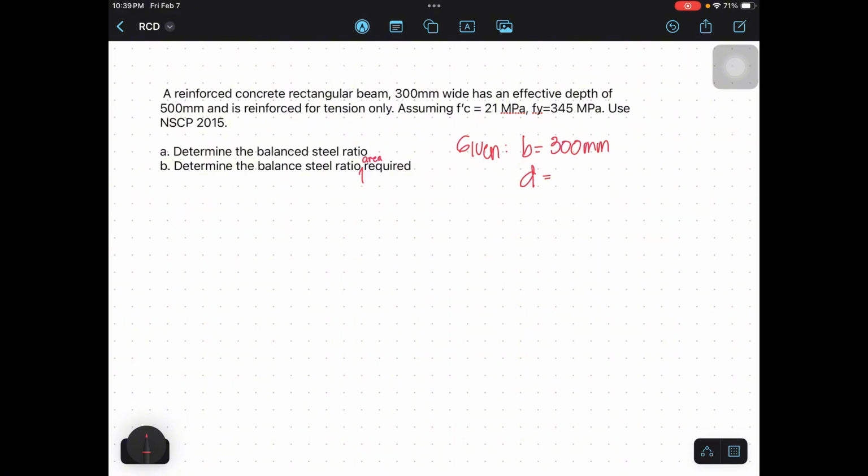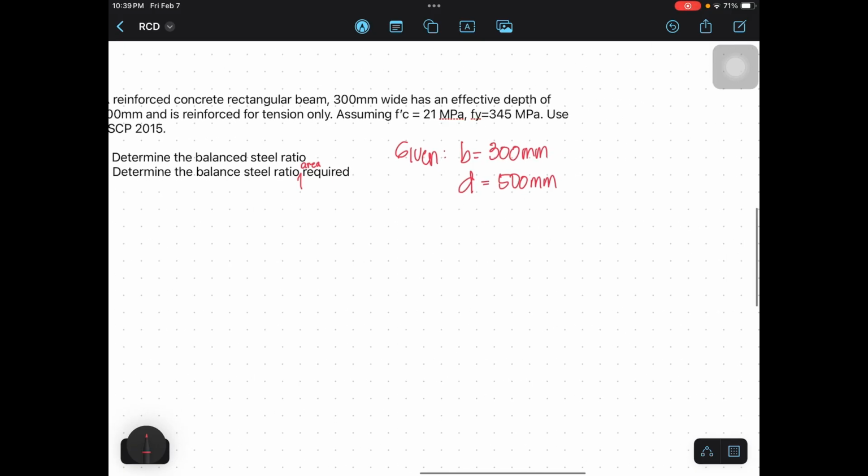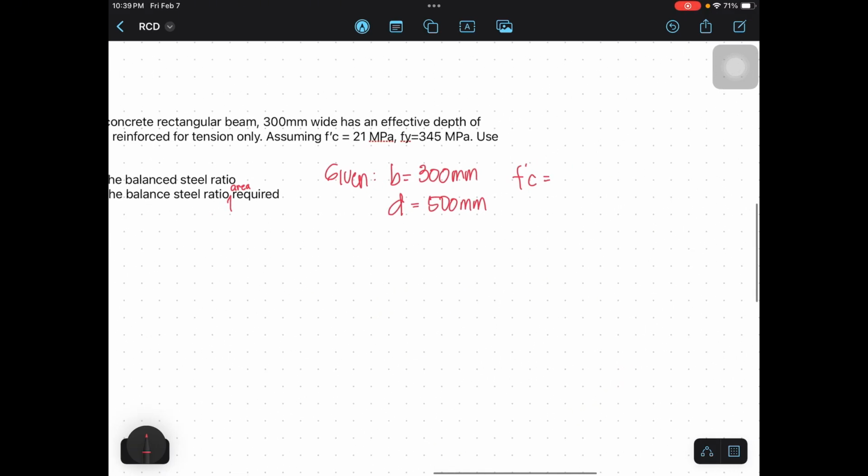Okay, so yung ating effective depth is 500 mm and specified concrete strength or ang compressive strength of concrete is 21 megapascal and the yield strength of steel reinforcement is 345 megapascal.